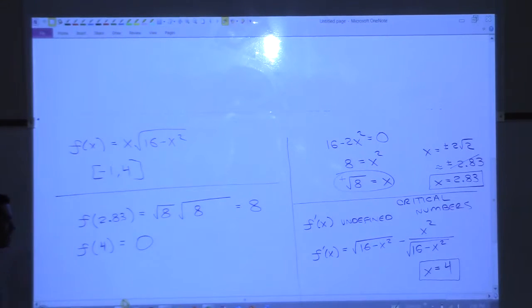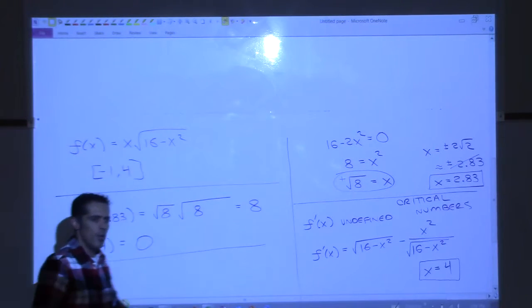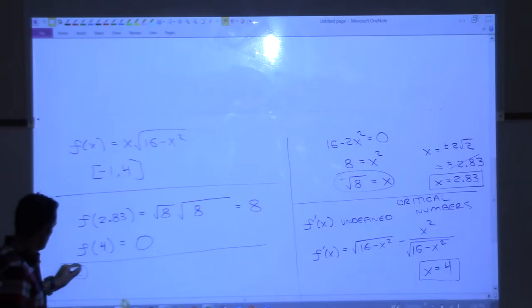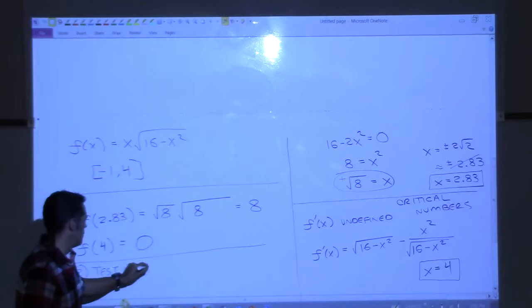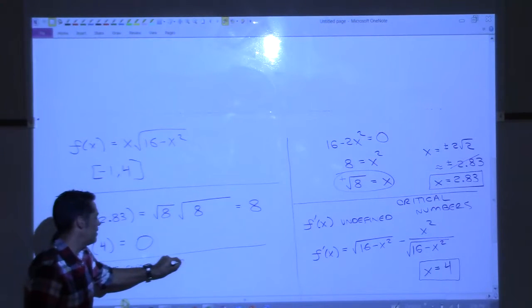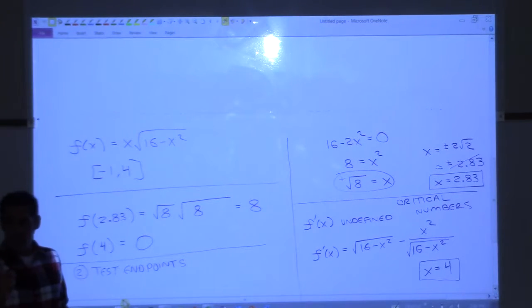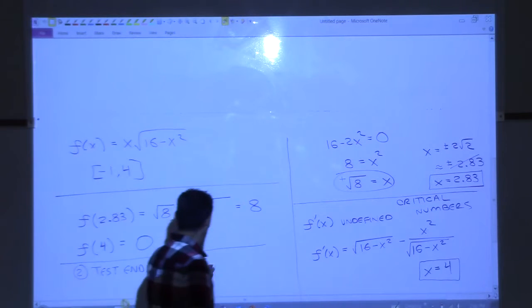All right, we're not done, right? Step 2, test the endpoints. So at the endpoints, I actually only need to check one of them, and that's at -1, because I've already checked 4.